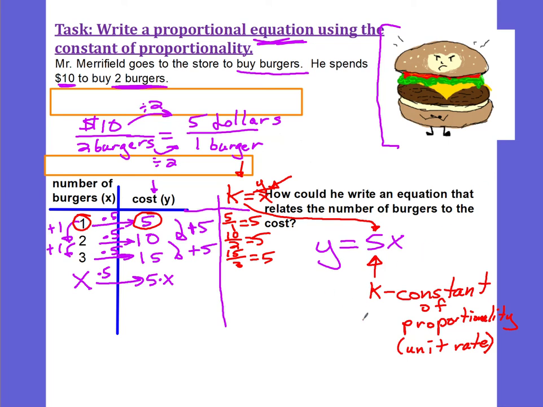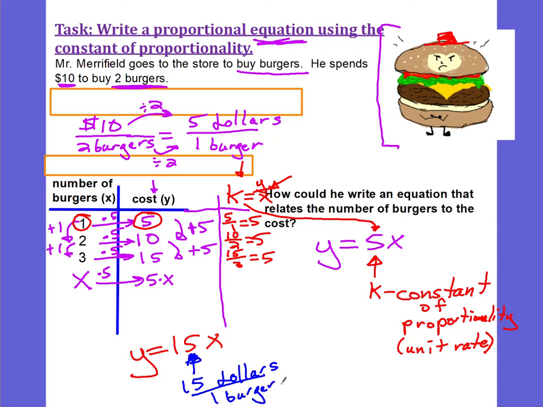So for instance, say I go to a fancy restaurant, let's give it a fancy hat. Now it's fancy. And I say the equation is Y equals 15X. You could immediately look at this and say, well, Mr. Merrifield, the burgers must cost $15, because that's the hidden unit rate there.